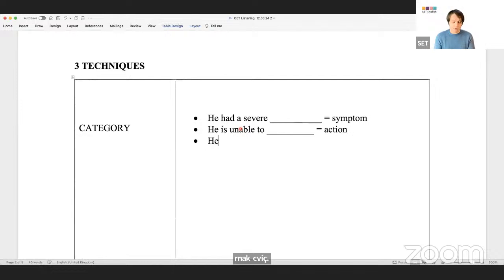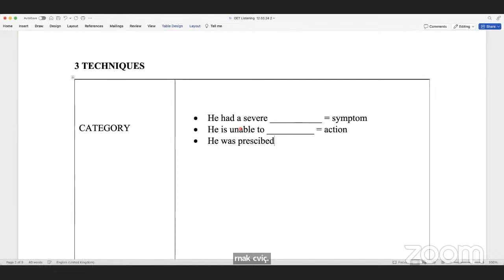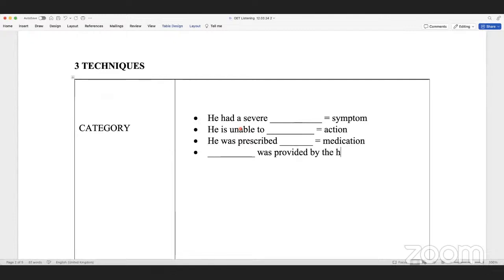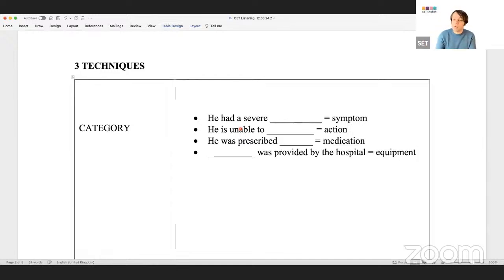If it says he was prescribed... Medication, or maybe therapy. If it says something like blank was provided by the hospital. Equipment. That would be equipment. Okay. It could be treatment as well. You can have more than one, can't you?